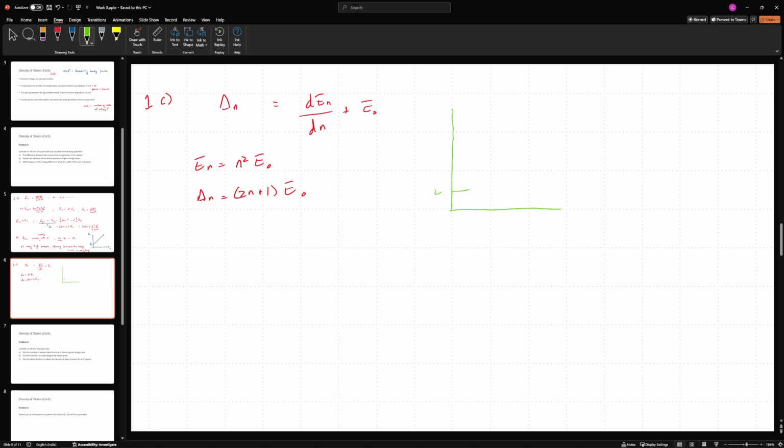If I say the ground state energy is E naught, the second is over here, 4 E naught, and then I have double of that more or less, so 9 E naught.